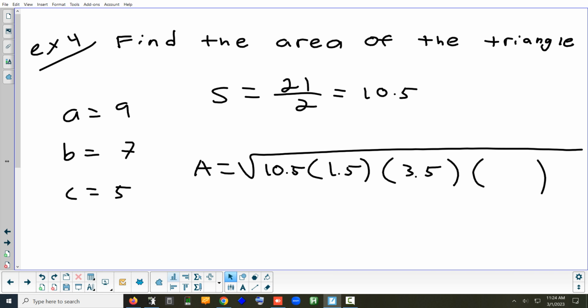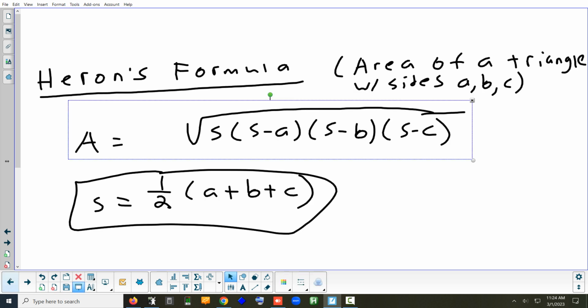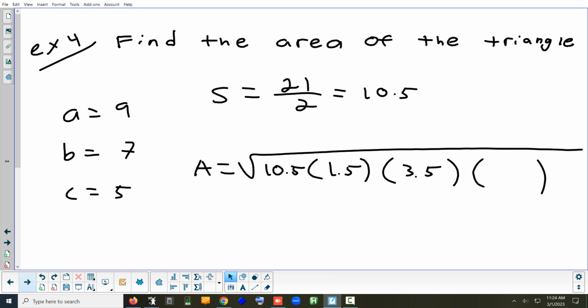Oh, Ian, do you know what goes last? 5.5. So we did S minus A. We got that. We did S minus B. We got that. And now the last one we need to do is S minus C. And that gives us the last one. So 10.5 minus 5 is 5.5.